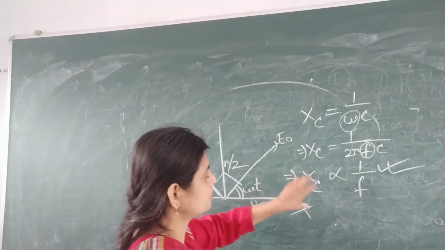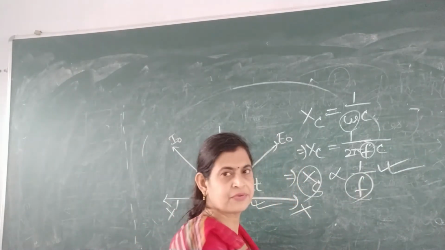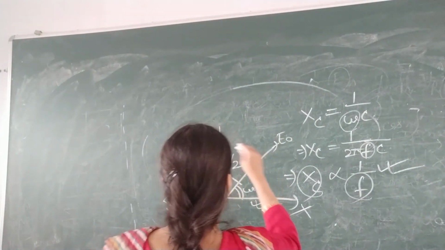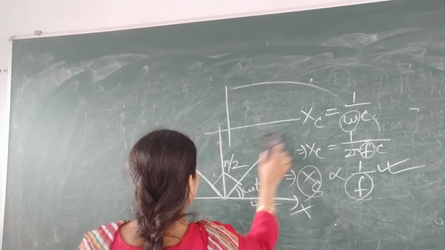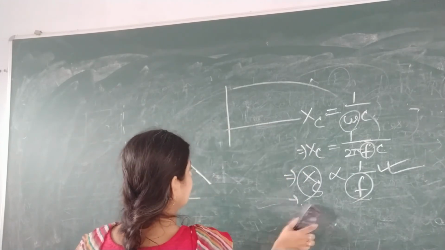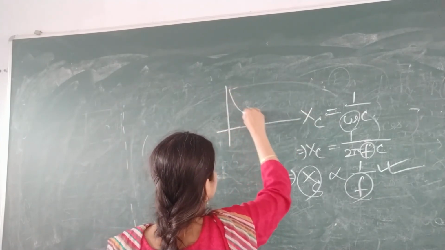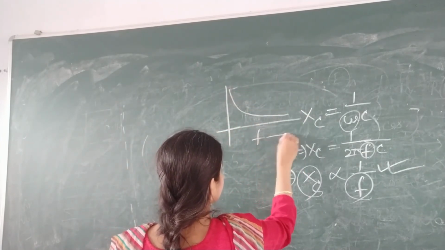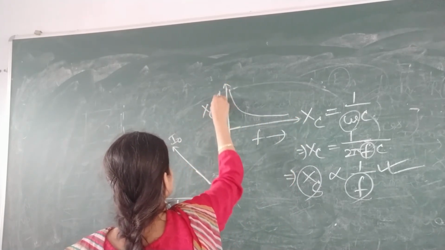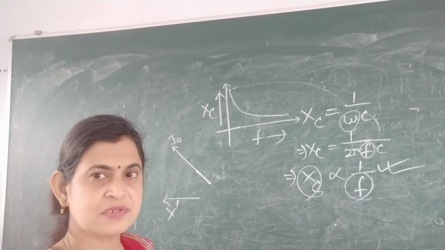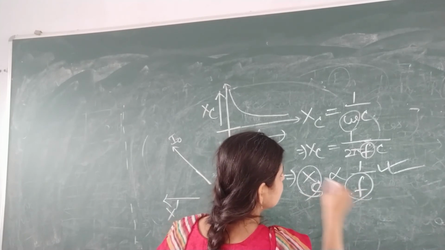So if you want to draw the graph between XC and f, then the nature of the graph will be like this. This is your frequency along x-axis, and in y-axis XC. Another conclusion: these two are inversely proportional.